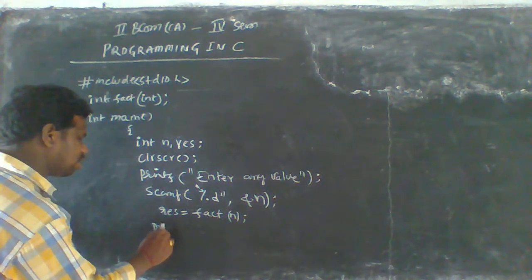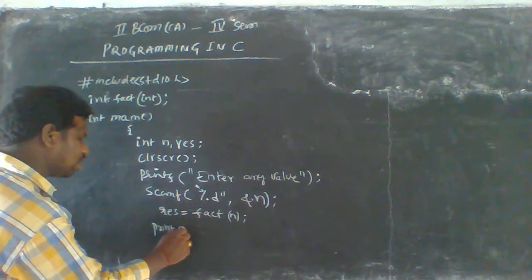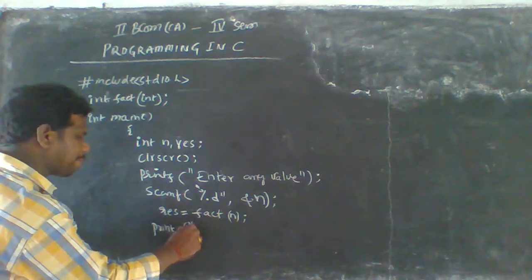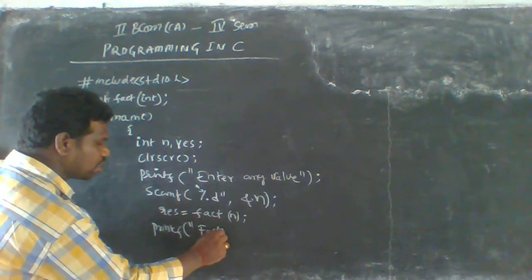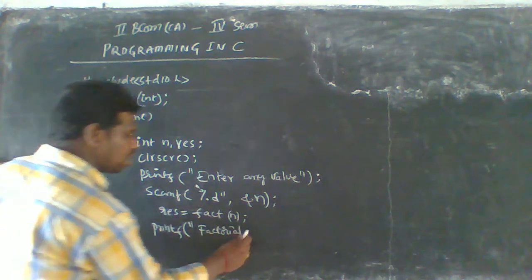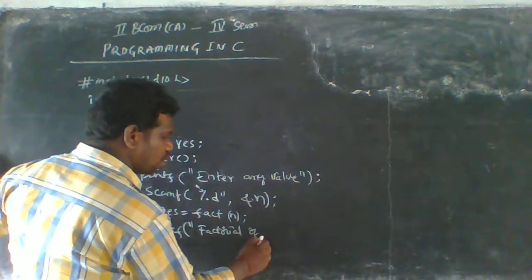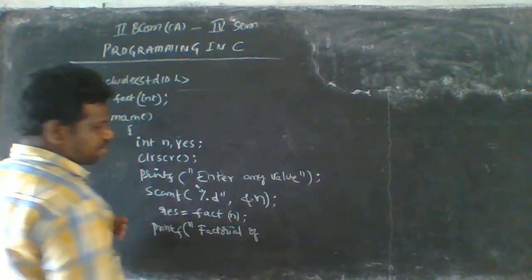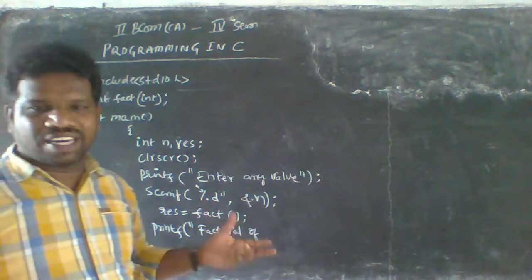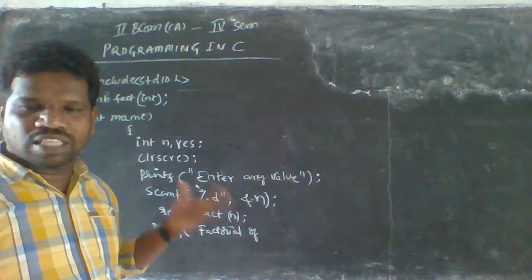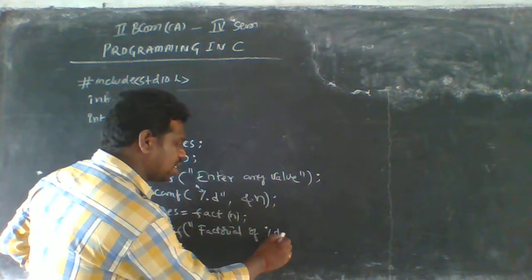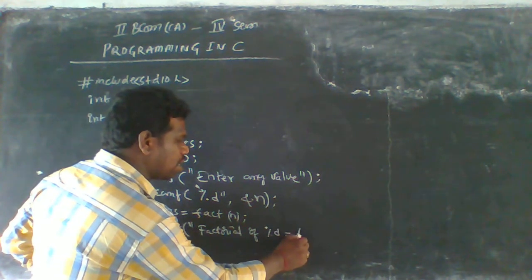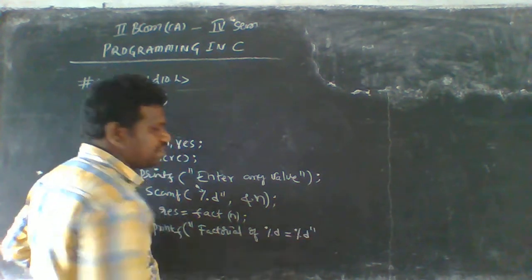Print factorial of the given number. You have to specify it. That means factorial of percentage d is equal to percentage d here.